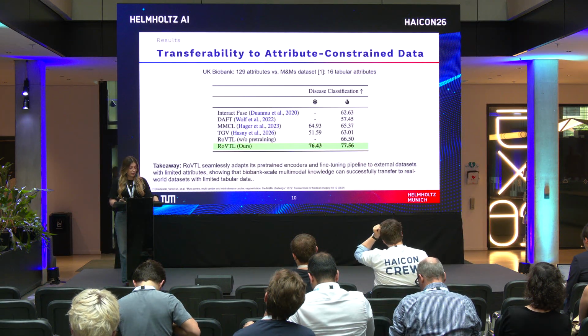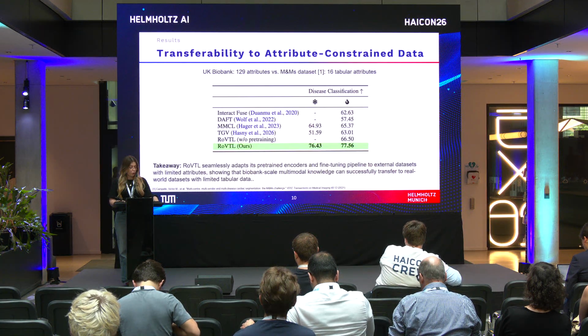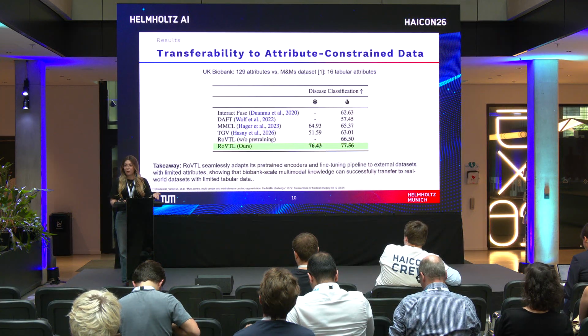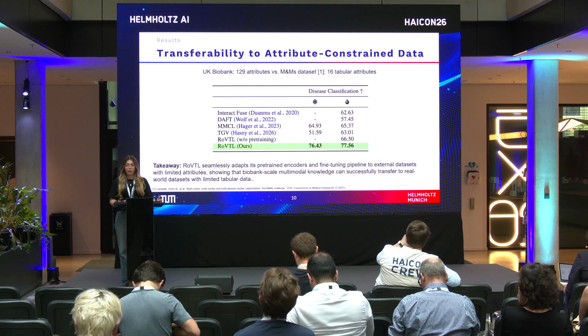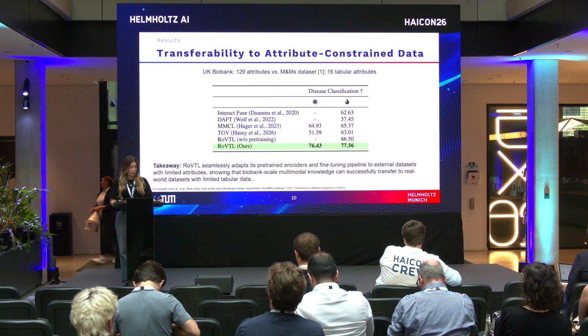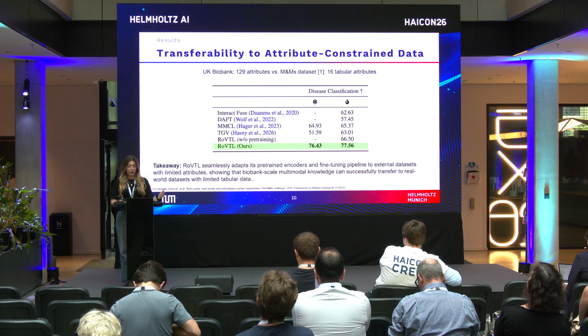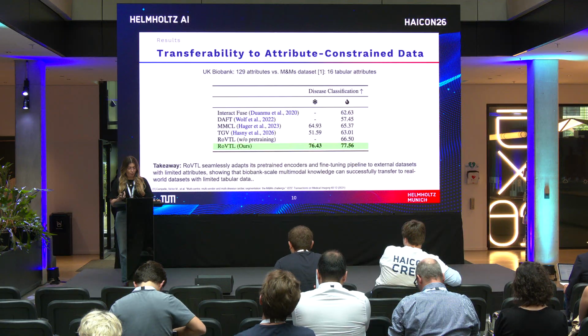What is nice is that we don't only outperform the prior methods, but we also found quite significant performance improvement when we have our pre-trained encoders compared to applying just the downstream task tuning without the pre-training. That shows that we can actually transfer some information from those large data sets into settings where tabular data is rather constrained.